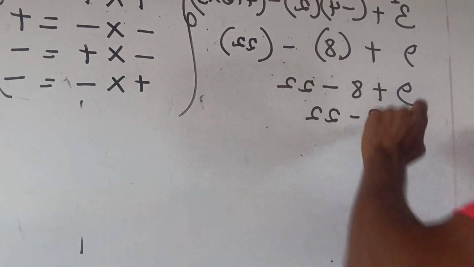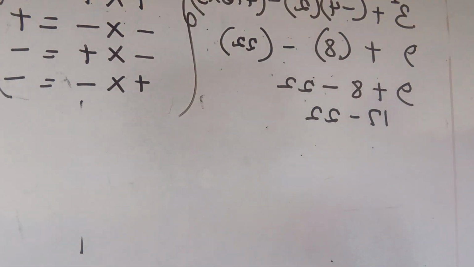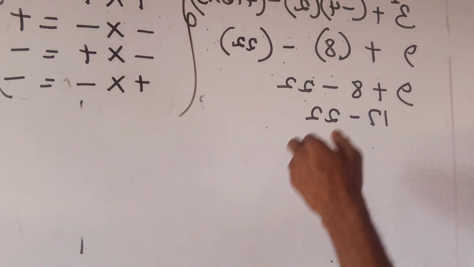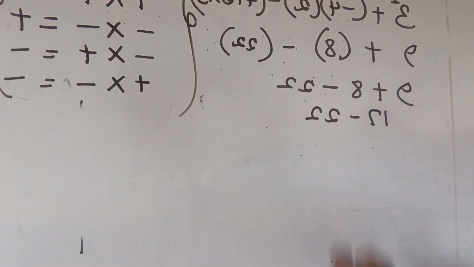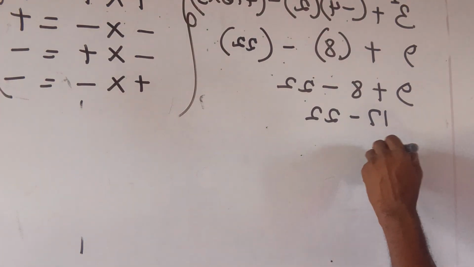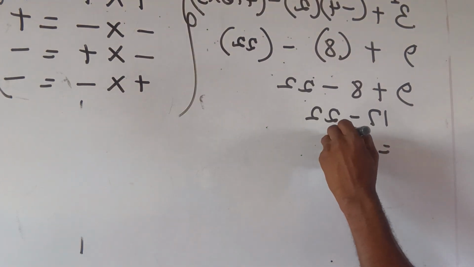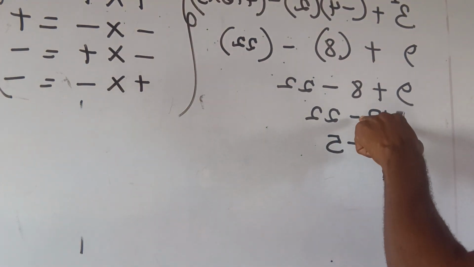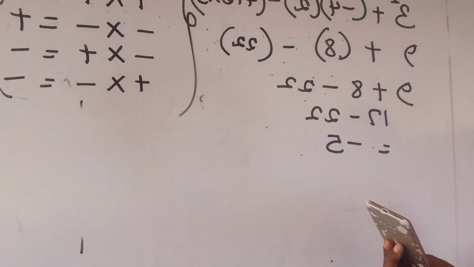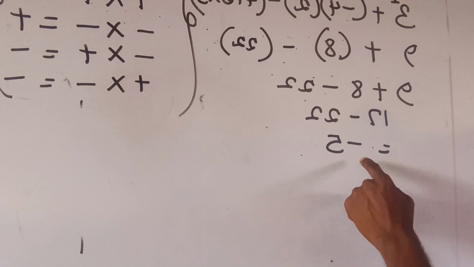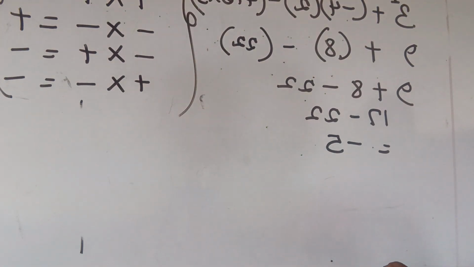Even after paying my 17 naira, I will still be owing. Isn't that so? Okay? So, how much will I be owing? I'll be owing a sum of 5 naira. So 17 minus 22 will give me minus 5. So that is how we arrive at this answer.